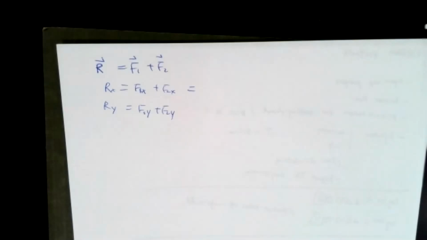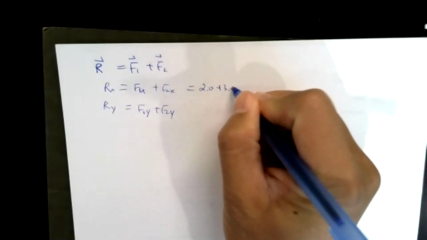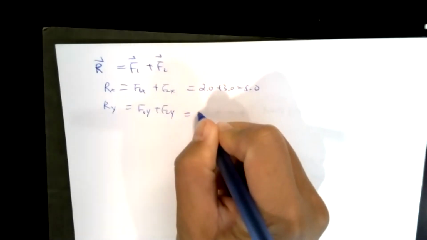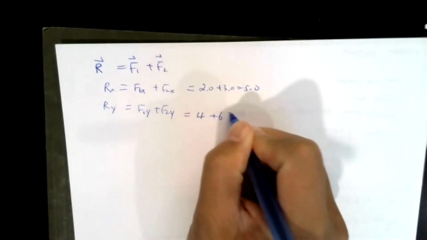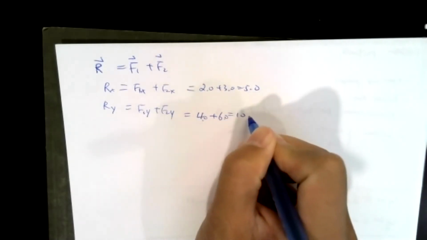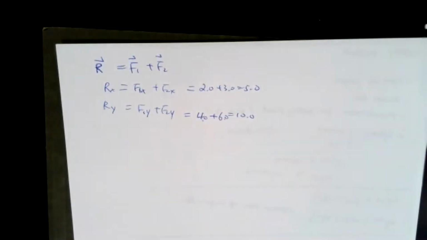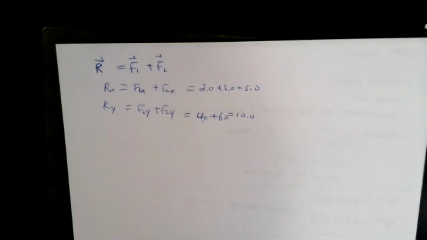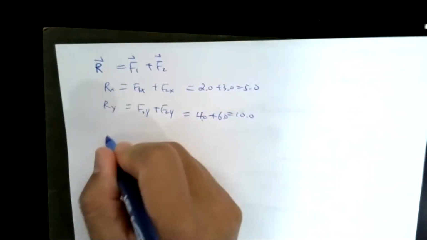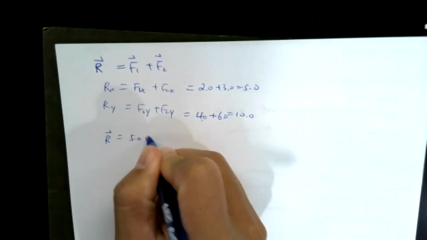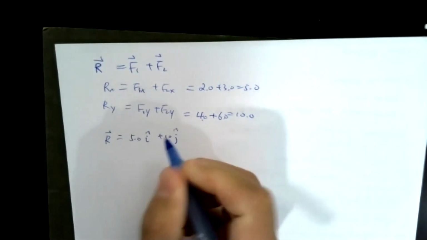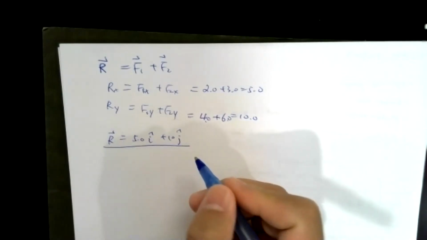So when you do x plus x, 2 plus 3, that is 5. And then 4 plus 6, that's 10. So for the two components, your resultant force is equal to 5 i plus 10 j. This is your resultant.